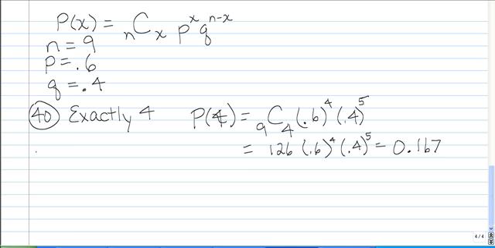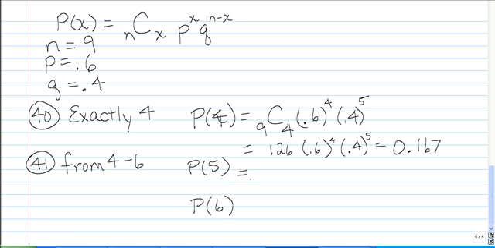Now here's where it gets to be a little bit different from what we've done before. From 4 through 6, we're going to have to calculate for 4, which we've already done, for 5, and for 6, and then add them all up. So for 5, 9 minus 5 would be 4 there.